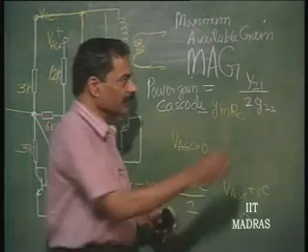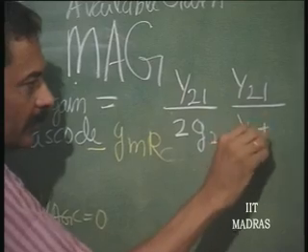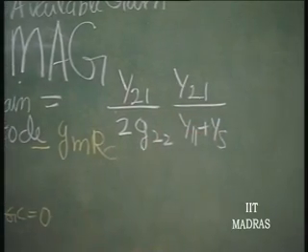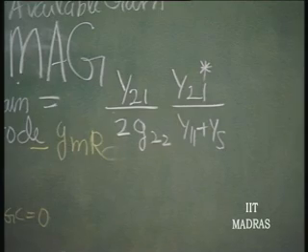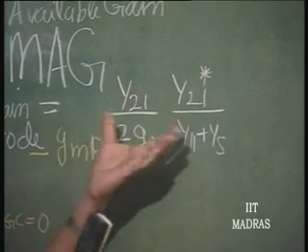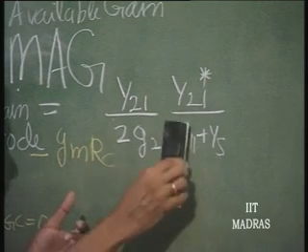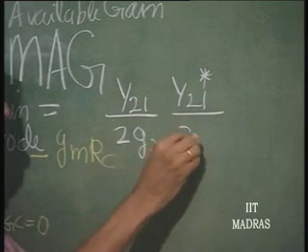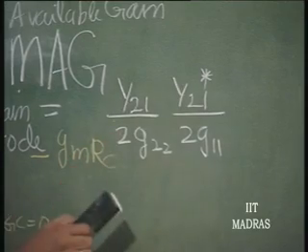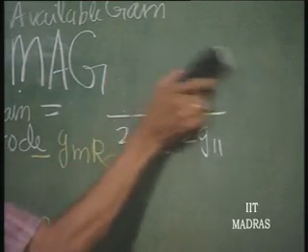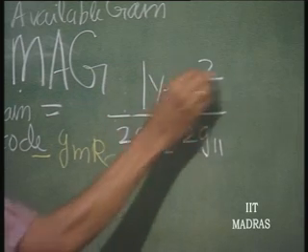So, if you take the ratio of this, it is Y21 divided by Y11 plus Ys and conjugate of this, right, current gain into voltage gain conjugate, and this part is 2G11, and Y21 conjugate is really speaking defined as Y21 magnitude square.